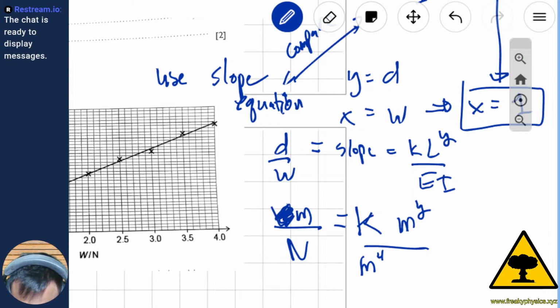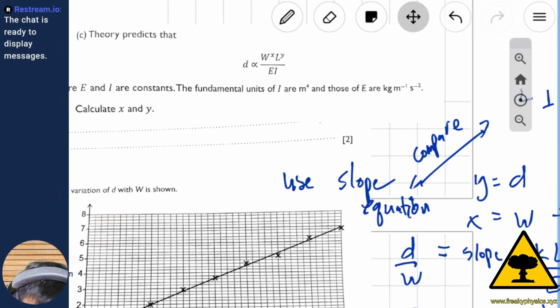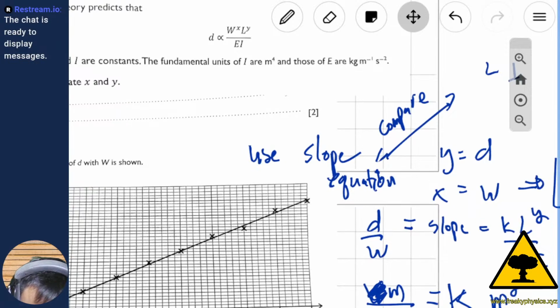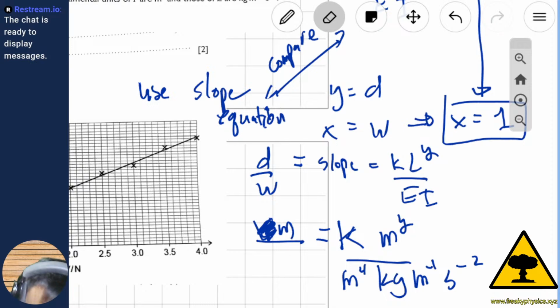Okay, I is m raised to 4, E is kilogram per meter per second squared. And then we can change Newton into kilogram meter per second squared, right?